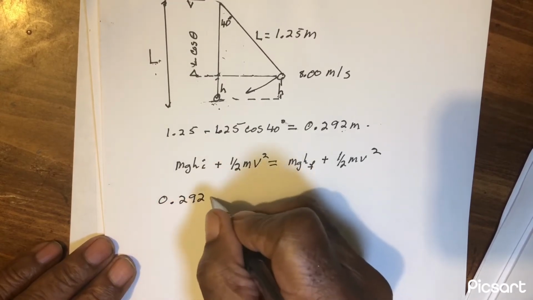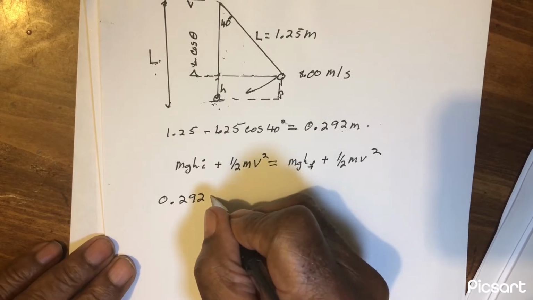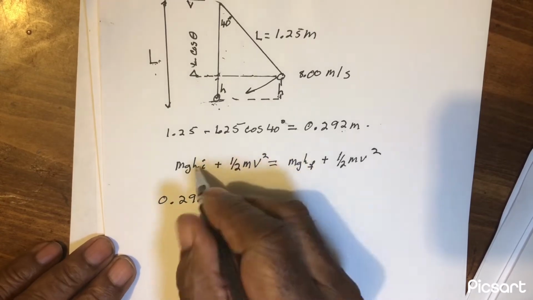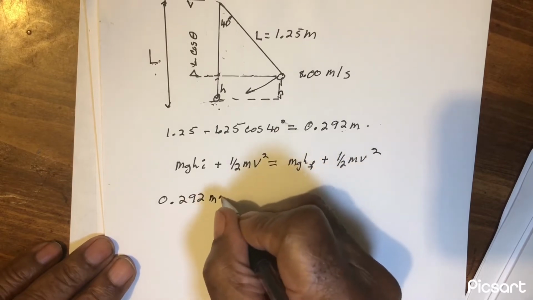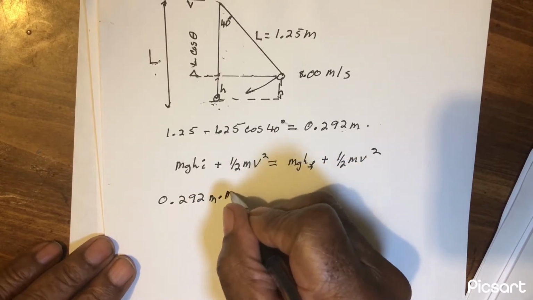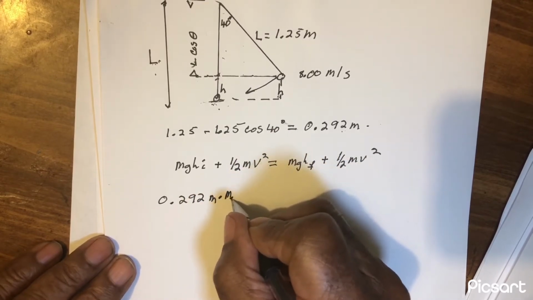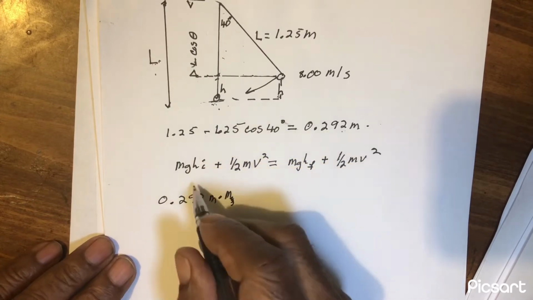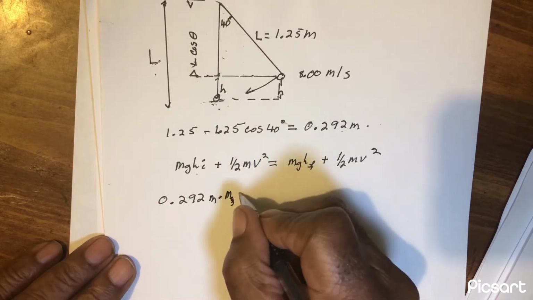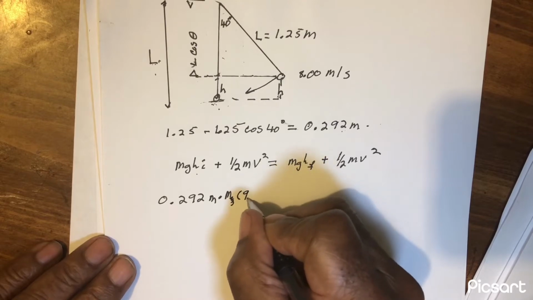Well, the initial height is 0.292 meters times the mass, m, times g.